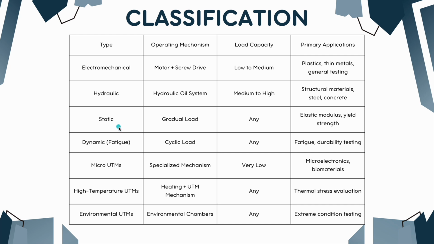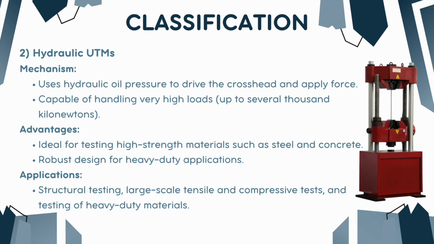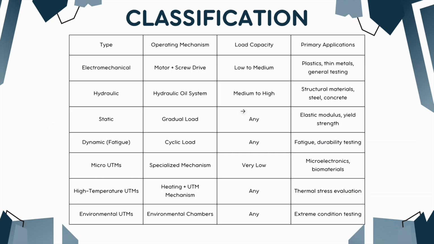For example, dynamic or fatigue has an operating mechanism with cyclic load. Every UTM here has a different purpose, but mostly hydraulic is used for metals, because it can handle very high loads up to several thousand kilonewtons. So this is the load capacity, and these are the primary applications, as you can see.